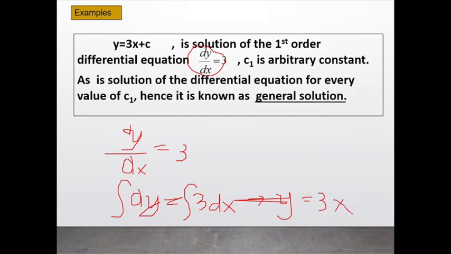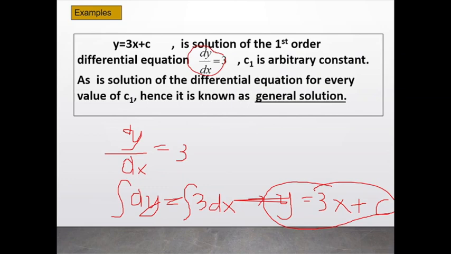And since we have integrated, we will have plus c. The c here is the arbitrary constant, and y is equal to 3x plus c is the solution of the differential equation.